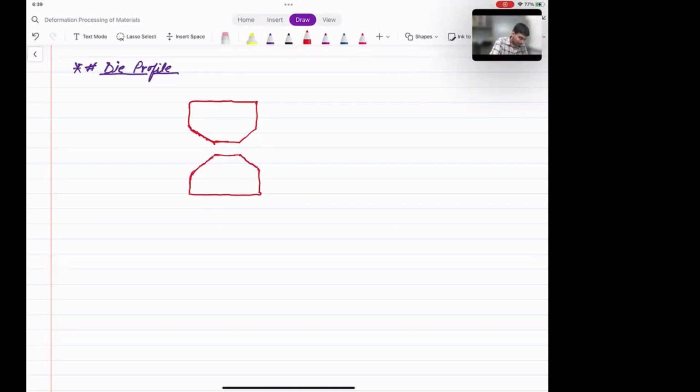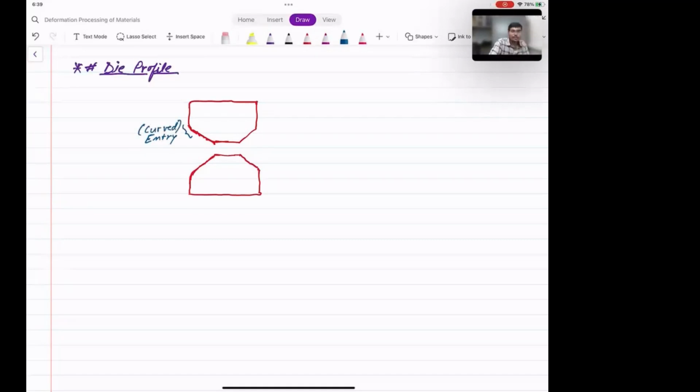The entries are curved so as to allow easy entry of the billet into the die portion. So this is the curved entry. This is the entry, and it is curved.